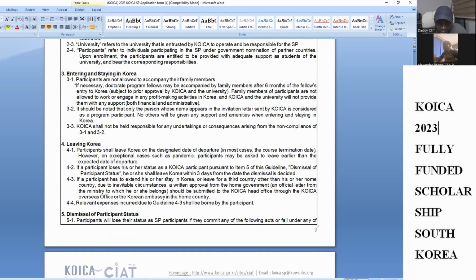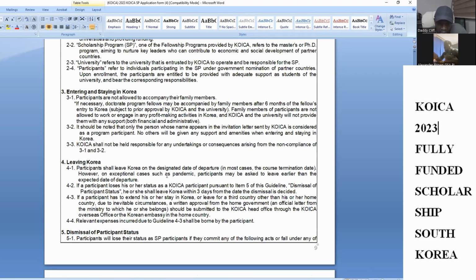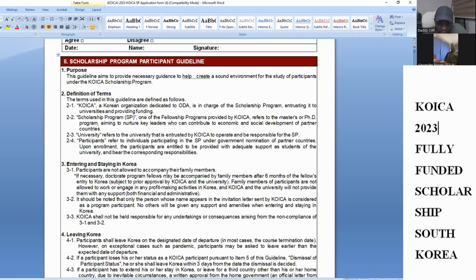In terms of definition of terms, entering and staying in Korea, what you need to do, what you don't need to do, and all those ones. I think this one is self-explanatory. They say that when entering and staying in Korea, participants are not allowed to accompany their family members. KOICA will not be financing your whole family.